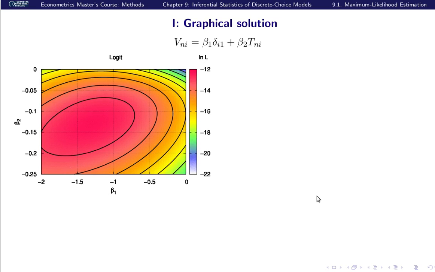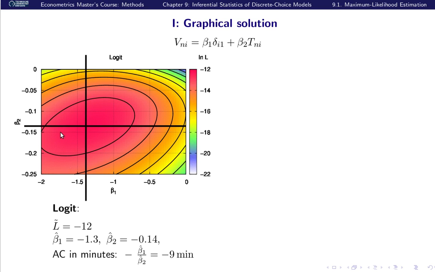Just find the minimum. The minimum is about here, at least given from the graphical. So this is a sort of valley, and here's the minimum of the valley. It's about at the log likelihood of minus 12. Beta 1, that's here, is about minus 1.3 or maybe also 1.35.